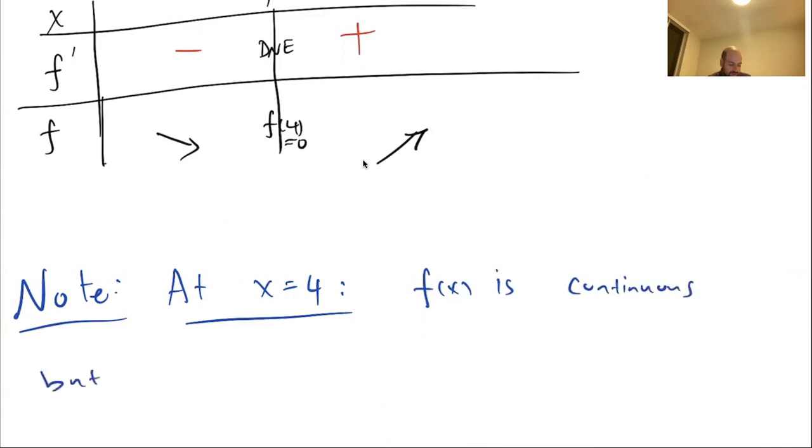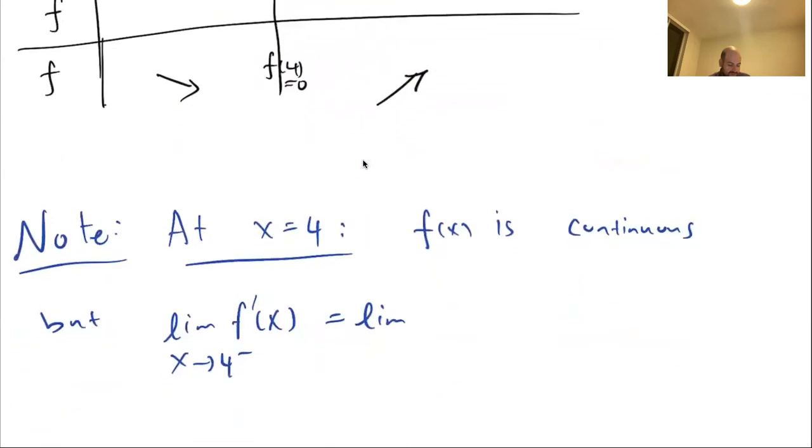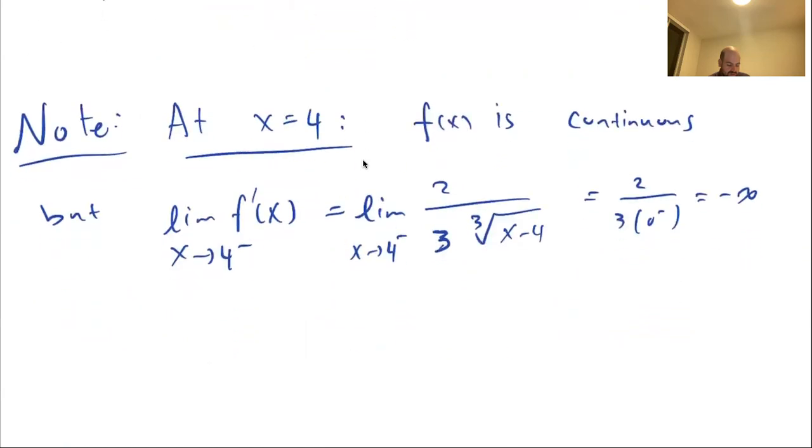but limit f prime of x at 4 is limit 2 over 3 times cube root x minus 4, x goes to 4 minus. So this is 2 over 3 times 0 minus, which is minus infinity.